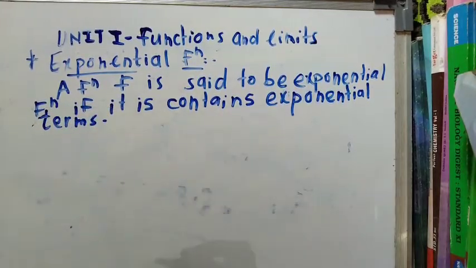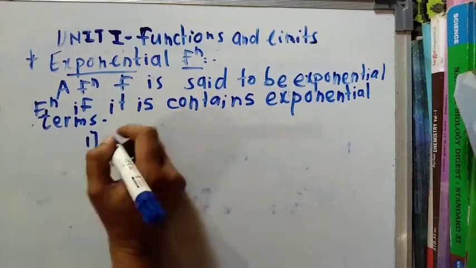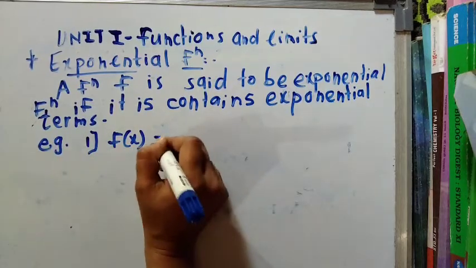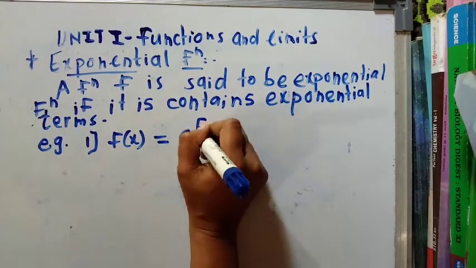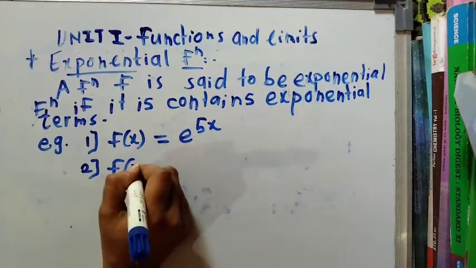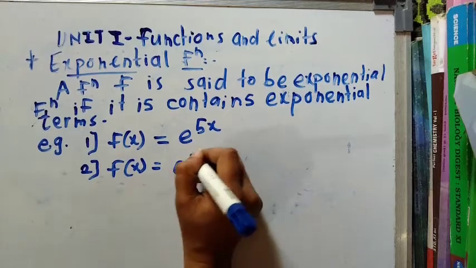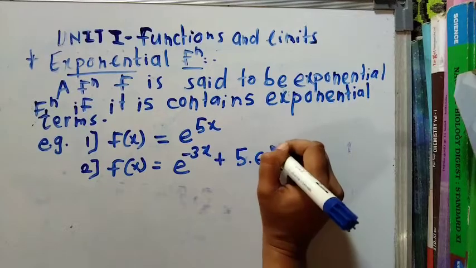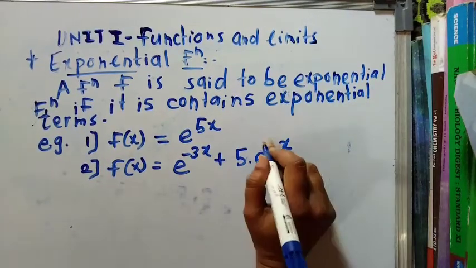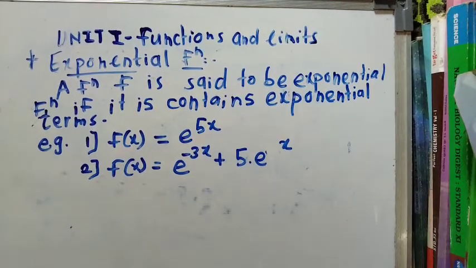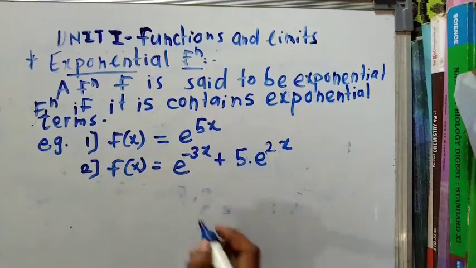First example, f of x is equal to e raised to 5x. Second example, f of x is equal to e raised to minus 3x plus 5 into e raised to 2x. Here the function is said to be exponential.